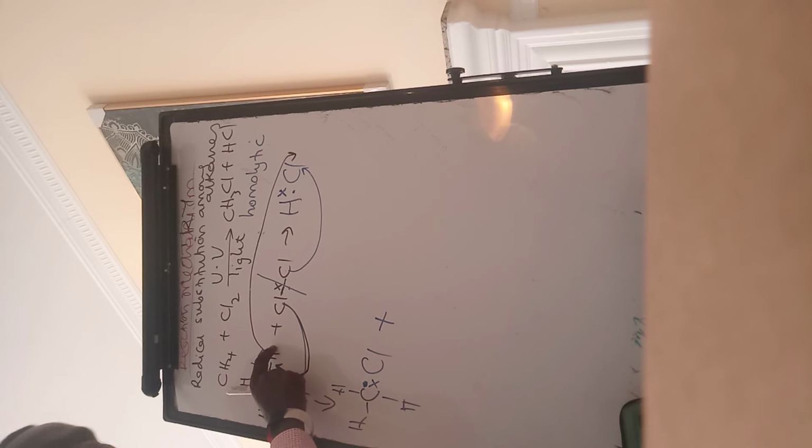So a covalent bond gets broken during a reaction, and each of the atoms forming that bond keeps an electron from the shared pair.